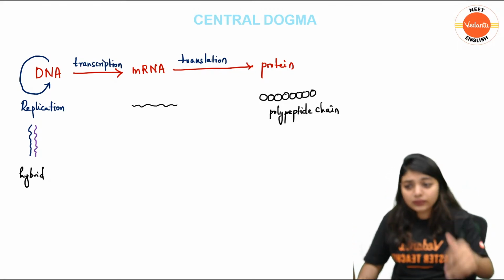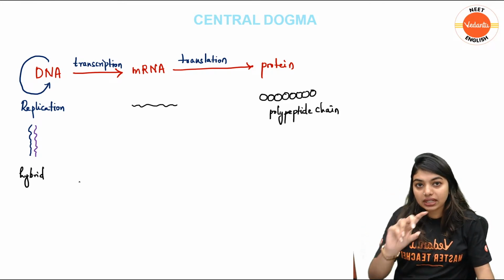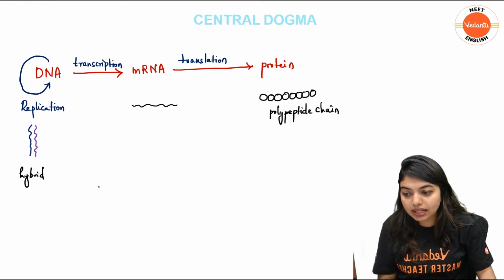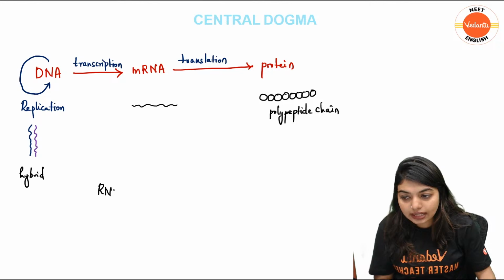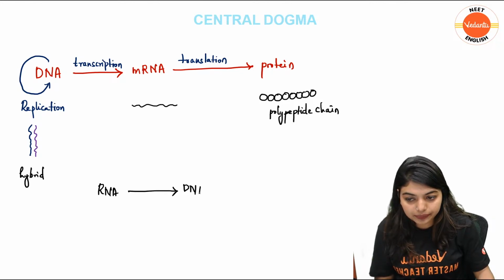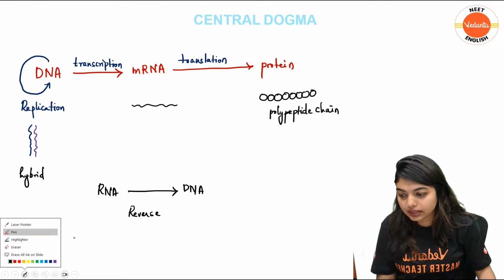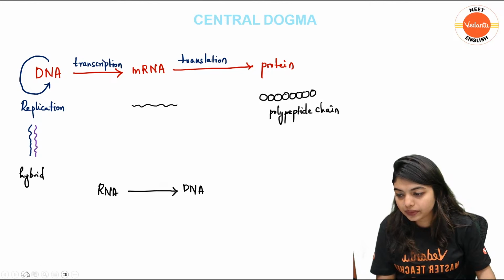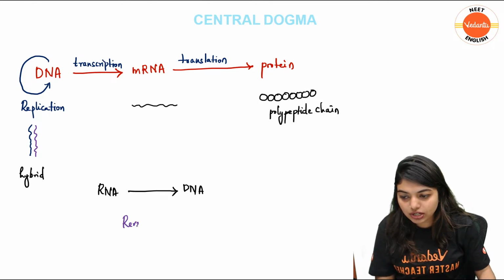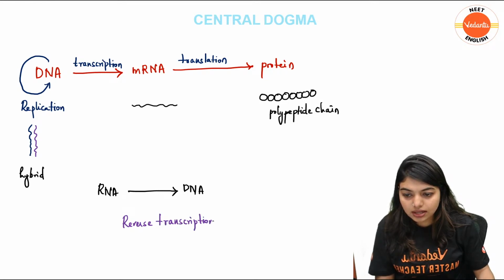Okay. Now, at the same time, reverse can happen. What do I mean by reverse? RNA can get converted into DNA. Yes or no? Which is called as reverse transcription.